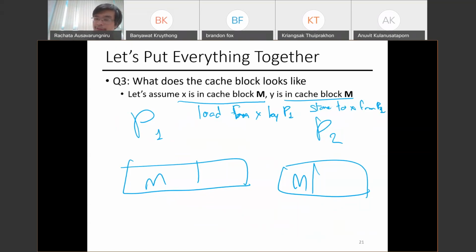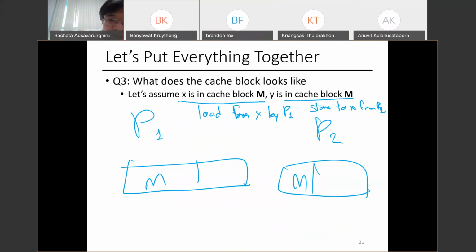Even though it's a different word, they can be on the same cache block, because one word, whether it's 32-bit or 64-bit, can be 4 bytes or 8 bytes, and one cache block is 64 bytes. So these two accesses, X and Y, can be on the same cache block.